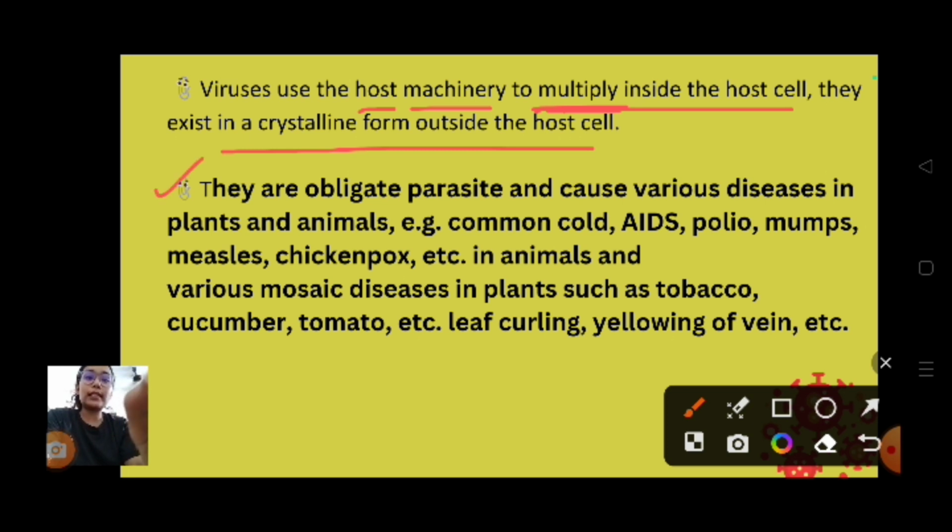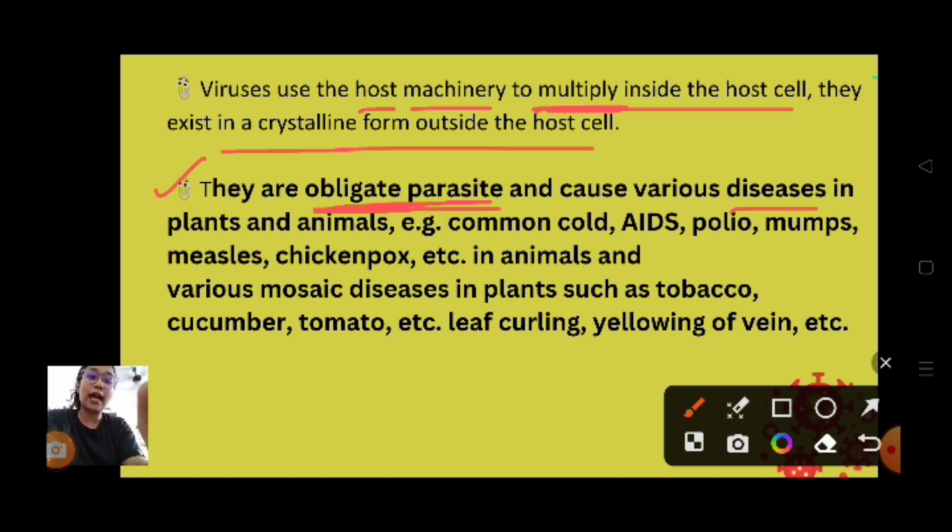The next point is that they are obligate parasites. What do you mean by obligate parasite? Without a host body they can't survive. They need a host body for their survival and also for multiplication. So they are called obligate parasites and cause various diseases. In both plants and animals they cause viral diseases.